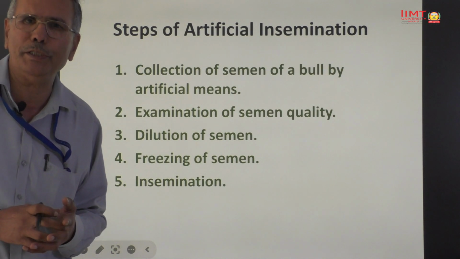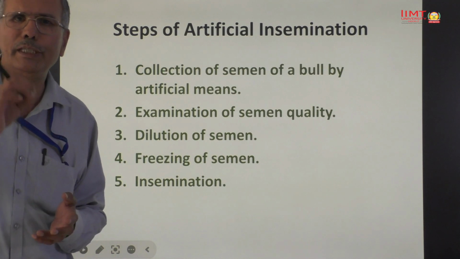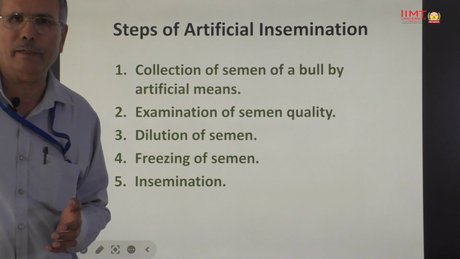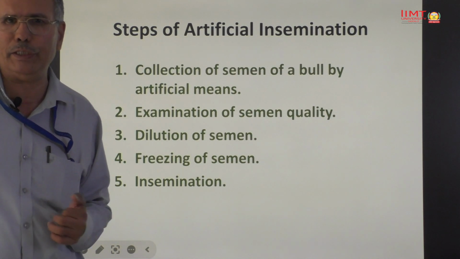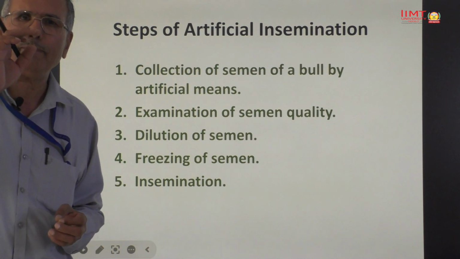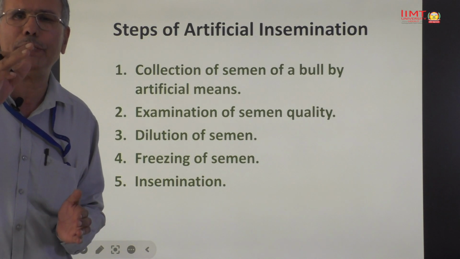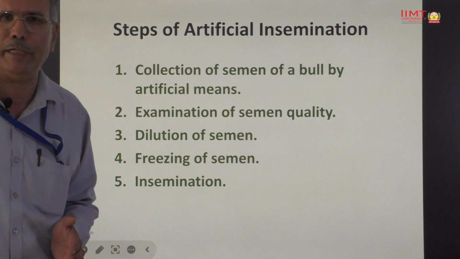And in case of an injured bull, the semen can be collected by electric ejaculator. So first we collect the semen from the bull through the artificial vagina method.